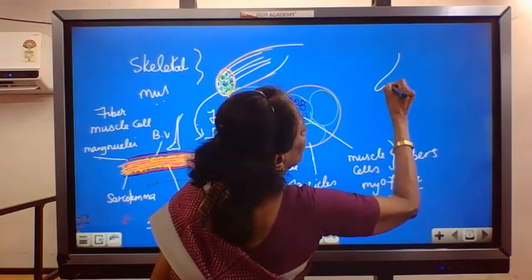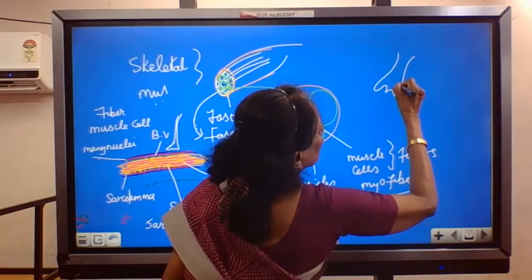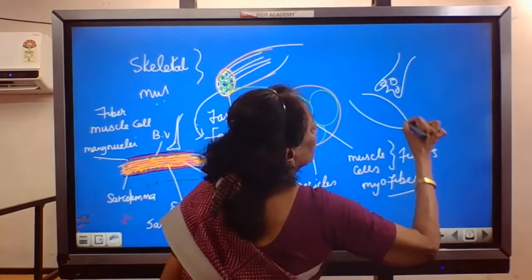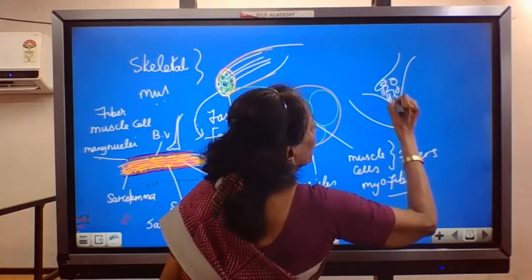Now this is the end of the axon. These are the neurotransmitters, the vesicles, and this is the muscle fiber, and this area is the motor end plate.